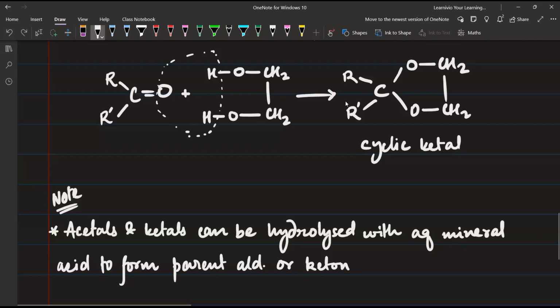What does this mean? If I have an acetal and I add water, the aldehyde from which it was made will be formed. And if you have a ketal and you add water, then whatever parent ketone was used in the preparation of that ketal will be formed.